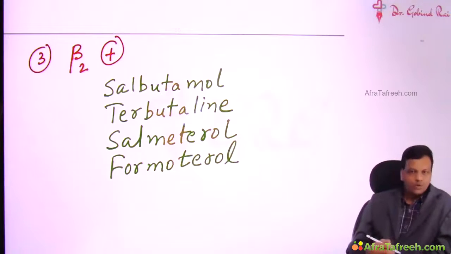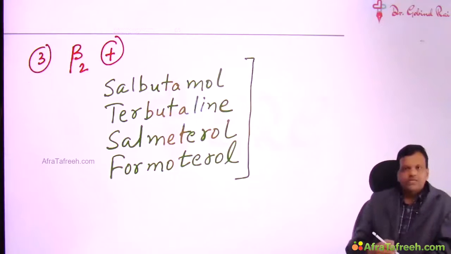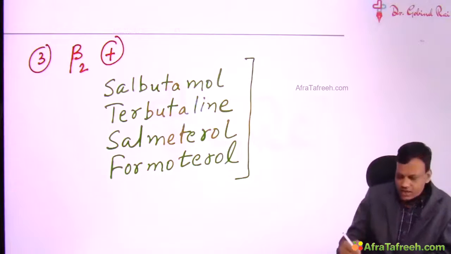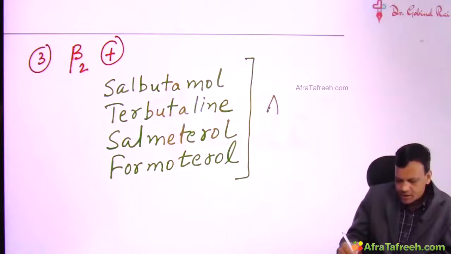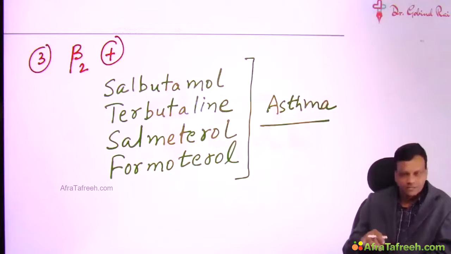They stimulate beta-2 receptors, and stimulation of beta-2 receptors result in bronchodilation. So these are given by inhalational route and they are used in treatment of bronchial asthma. Now, more details about these will cover in respiratory system.